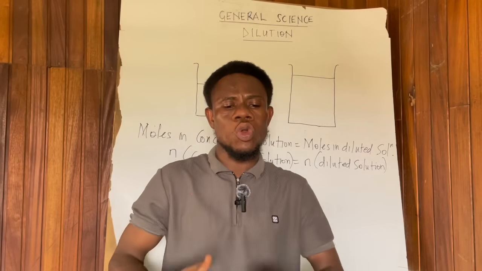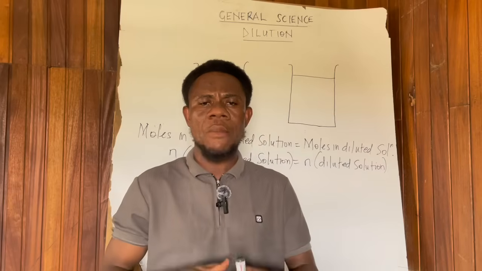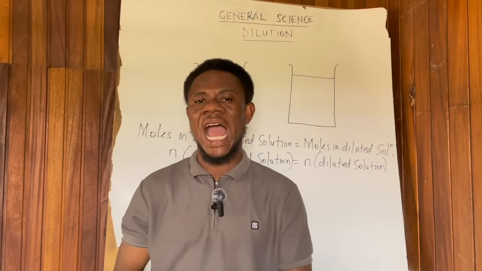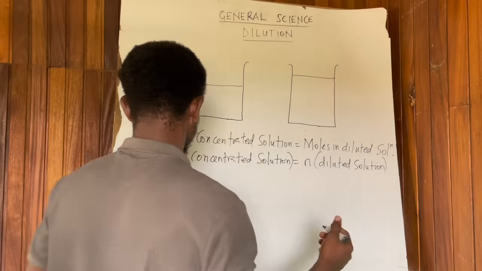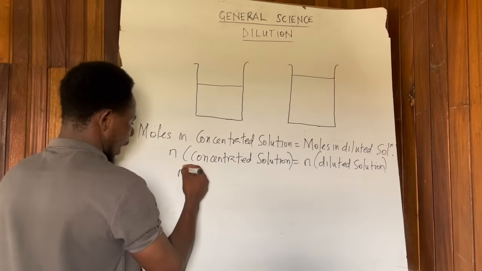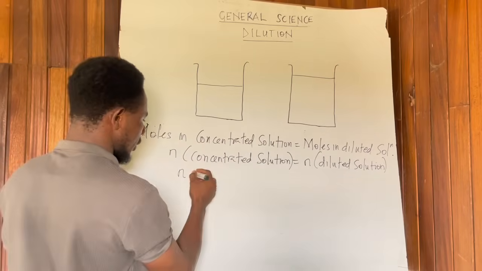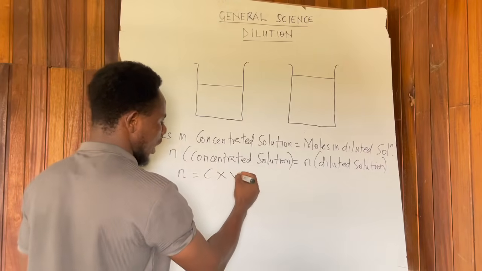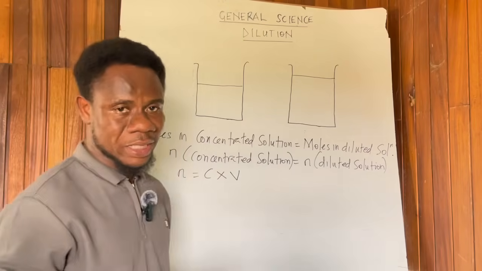But you also know that our moles, or our amount of substance N, is equal to concentration times volume. So our N, amount of substance, is equal to our concentration times our what? Our volume. Are you getting it?